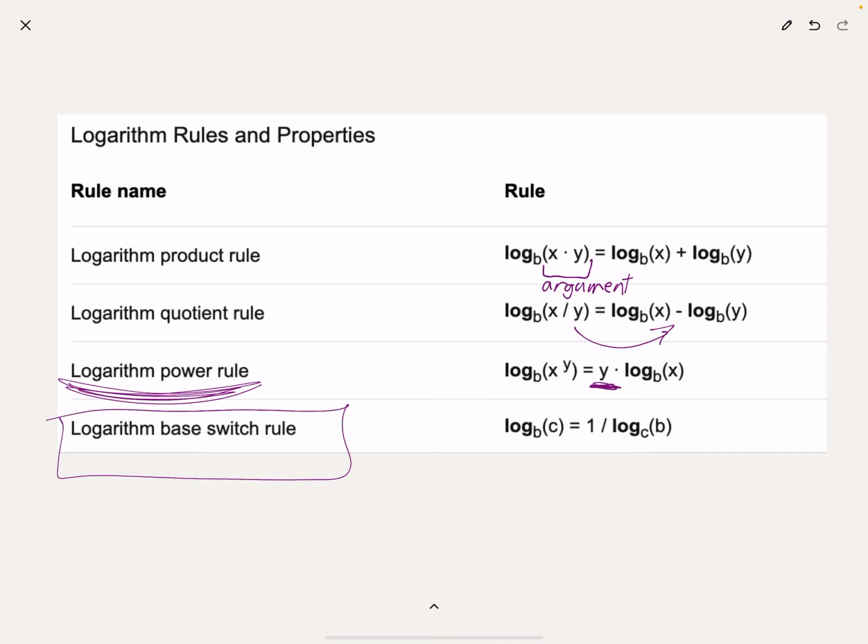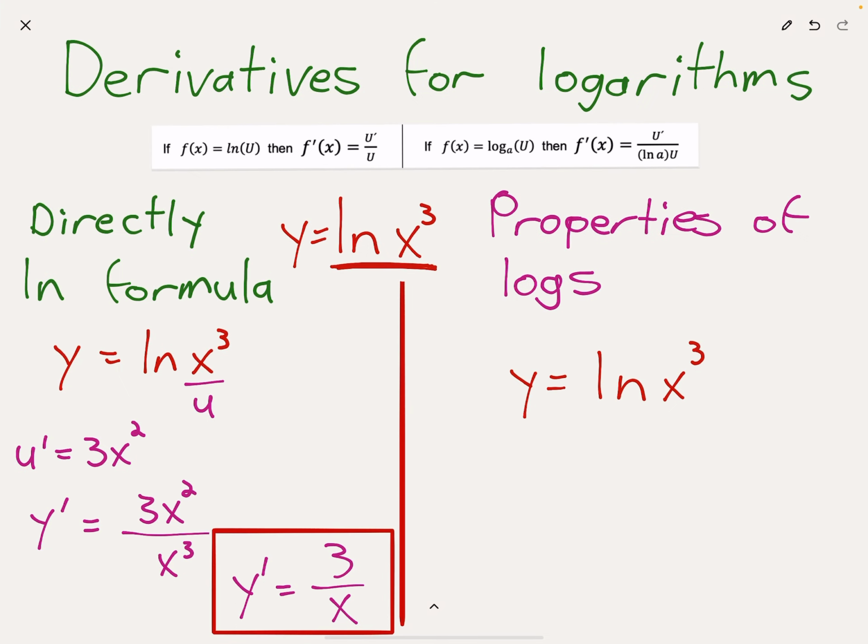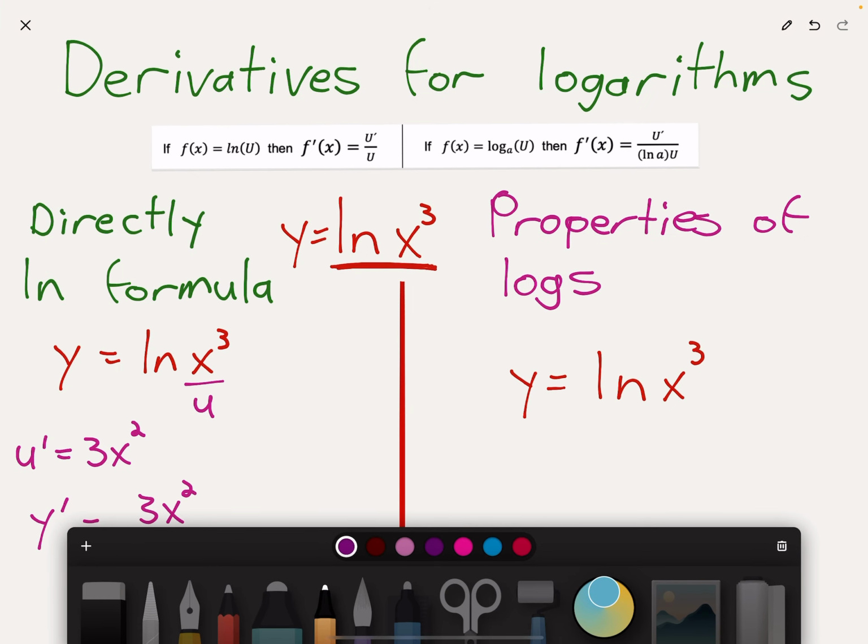The last one, change of base, we're not going to be using for derivatives, but you can just remember that one. But let's start with how we can apply this type of power rule property in derivatives.